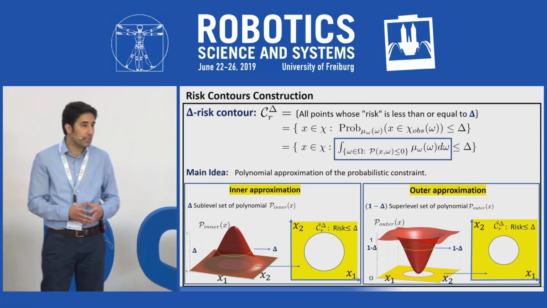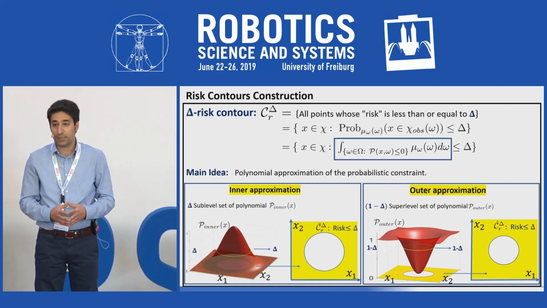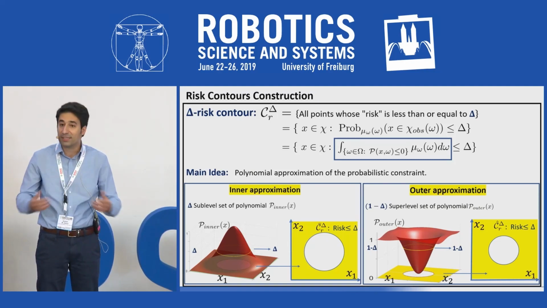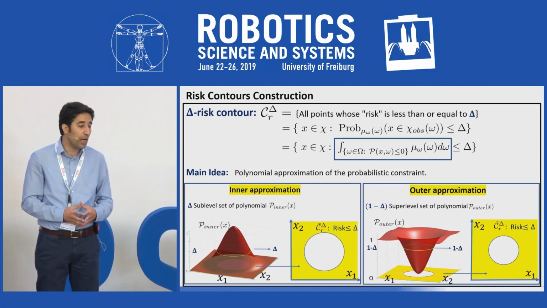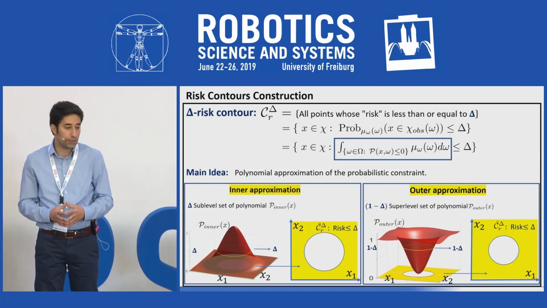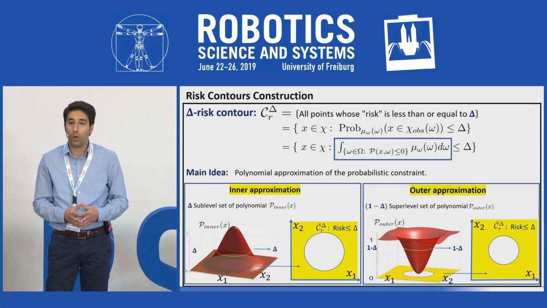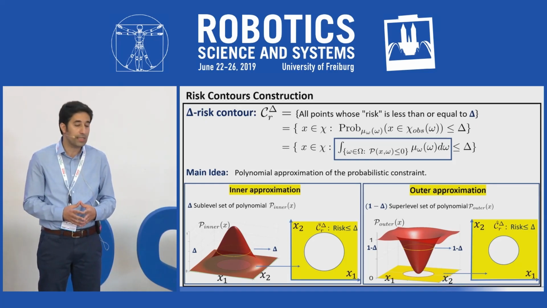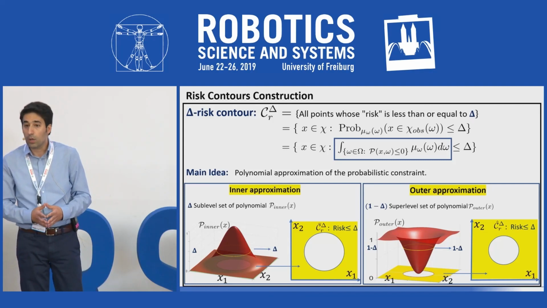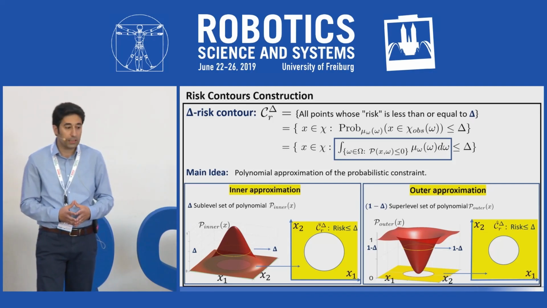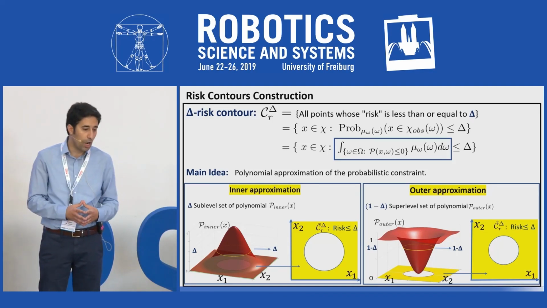More precisely, we are going to find a polynomial such that its delta sublevel sets represent the inner approximation of the delta risk contours, as shown here. And similarly, we are going to find a polynomial such that its 1 minus delta superlevel sets represent the outer approximation of the delta risk contours of the problem.